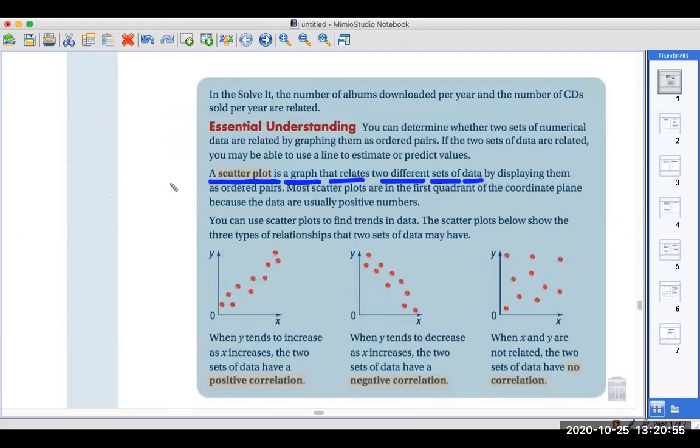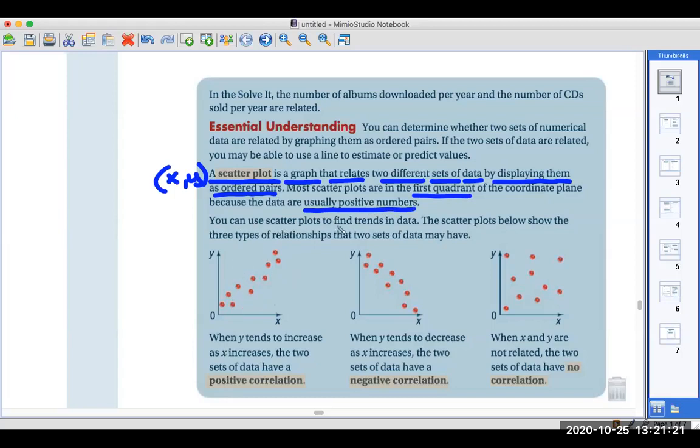In other words, we're pairing up an X with a Y. That's kind of like an ordered pair. Actually, it is an ordered pair, displayed as ordered pairs. Most scatter plots are in the first quadrant, which is this one right here, because most numbers are positive. That's not that important, but usually we're dealing with positive numbers, so we only need quadrant number 1, which is this part.